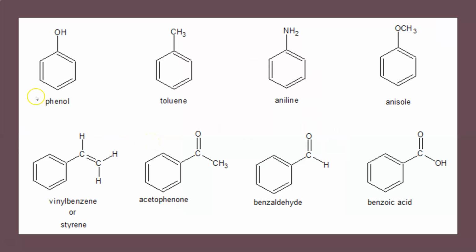Here you can see different compounds that are in the family of benzene. All of them are aromatic compounds. Here you have phenol, toluene, aniline, anisole, and so on.